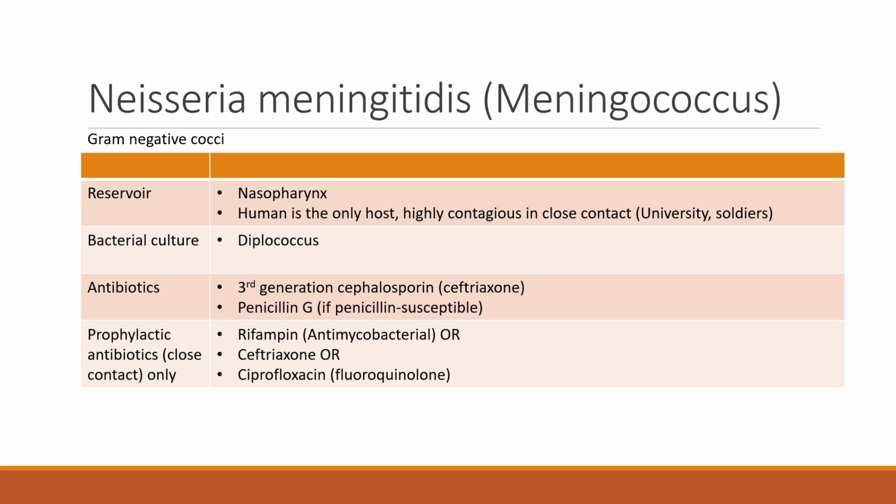So, if you look at this chart, this table, it can explain why in the previous slides I said you can take a sample from the throat for the culture, because Neisseria meningitidis commonly colonizes the human nasopharynx.